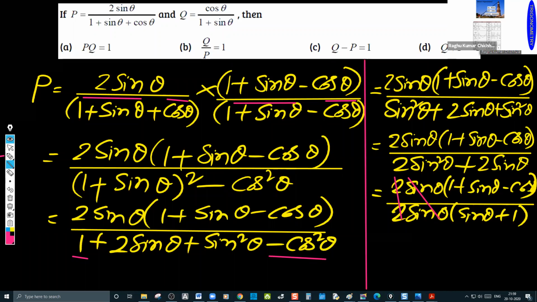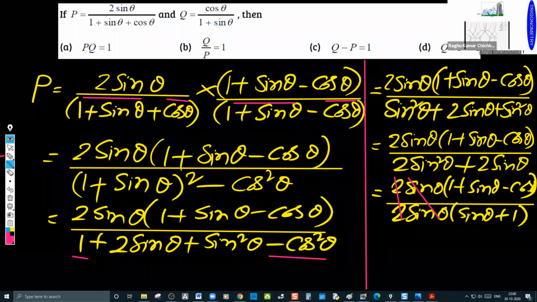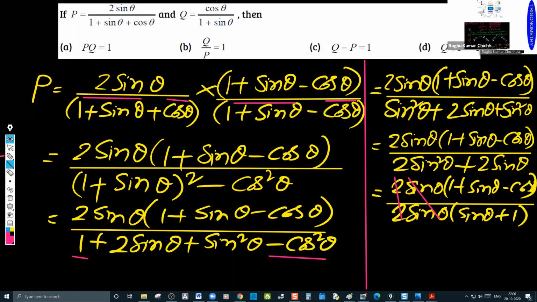So, something fishy there. Instead of that, 1 plus sin theta minus cos theta, Q cos theta you can write.